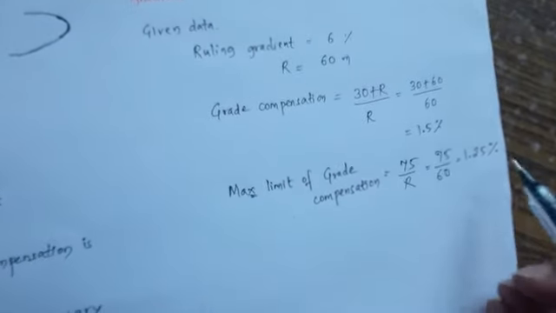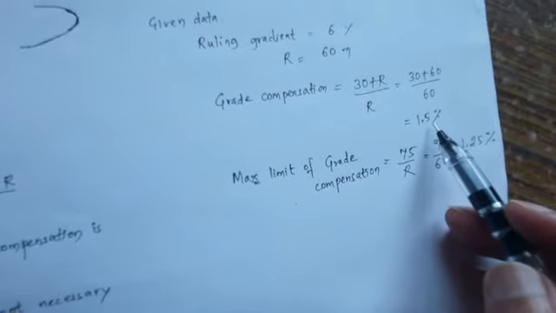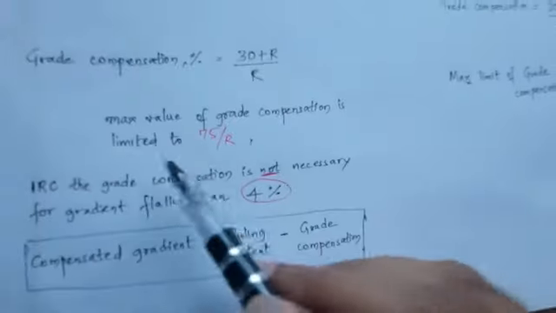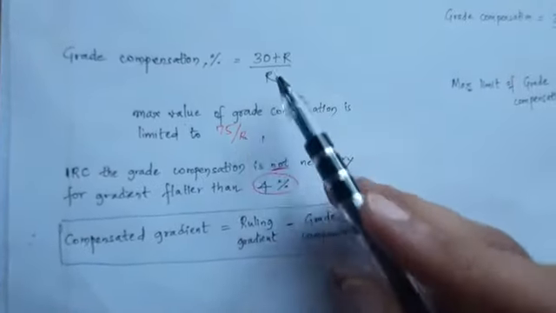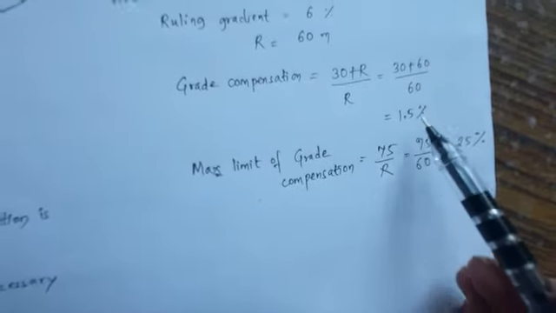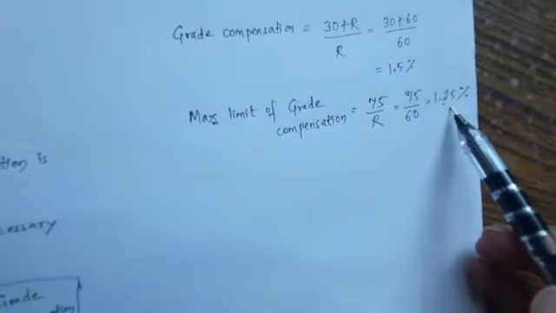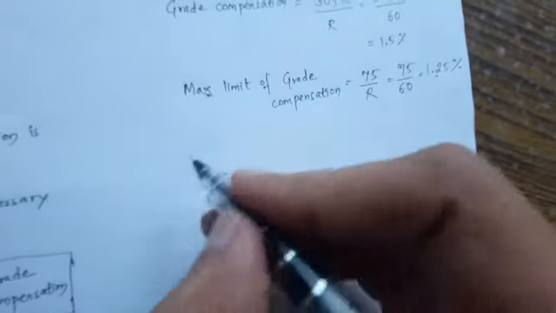So it has to be less than that, but it is more. Therefore, what grade compensation is supposed to be provided? 1.25. As I stated here, the maximum value of grade compensation is limited by this. If it is below this, then we adopt this; it shouldn't be more than 75 divided by R. But as seen from our problem, it is 1.5 and 1.25. This is the maximum we can provide, not this. Clear?